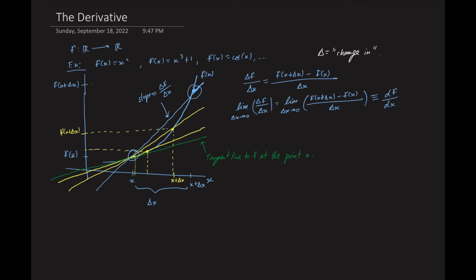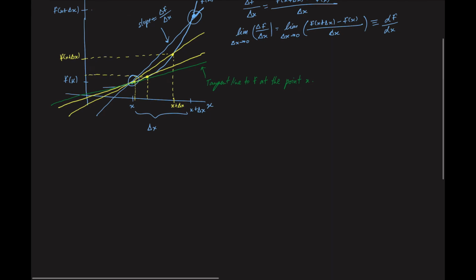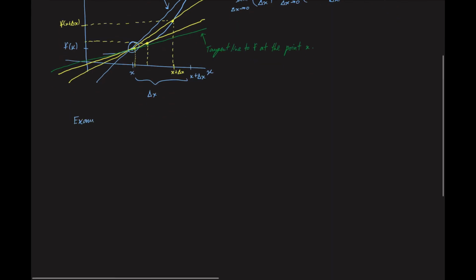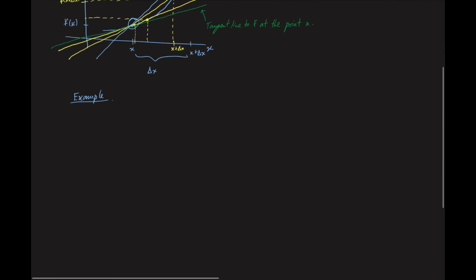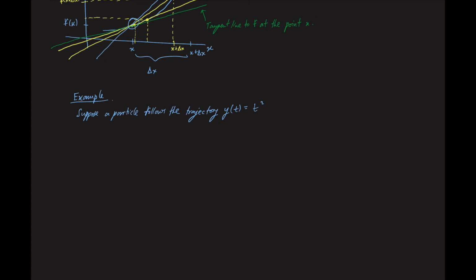Okay, now let's understand how this works in practice. Let's look at an example. Let's suppose a particle follows the trajectory y of t equals t squared times some constant.